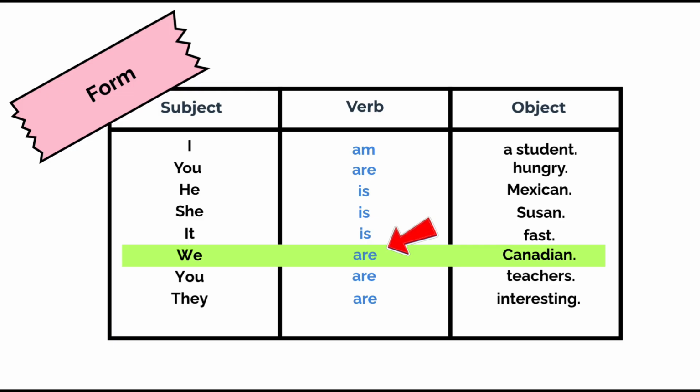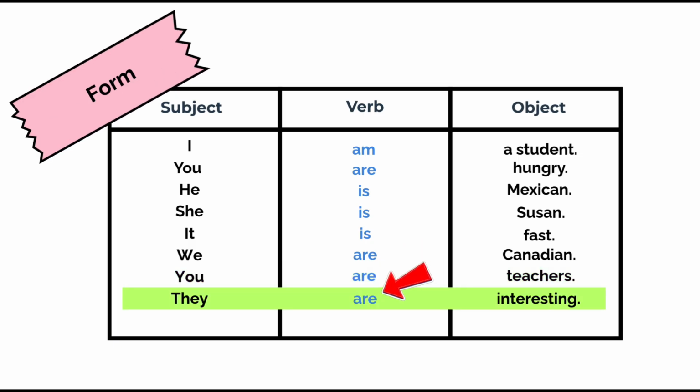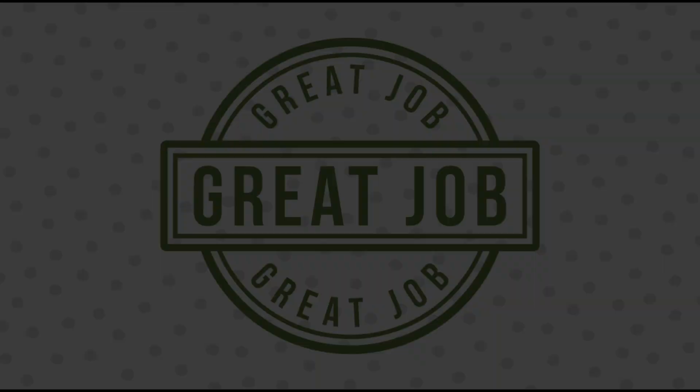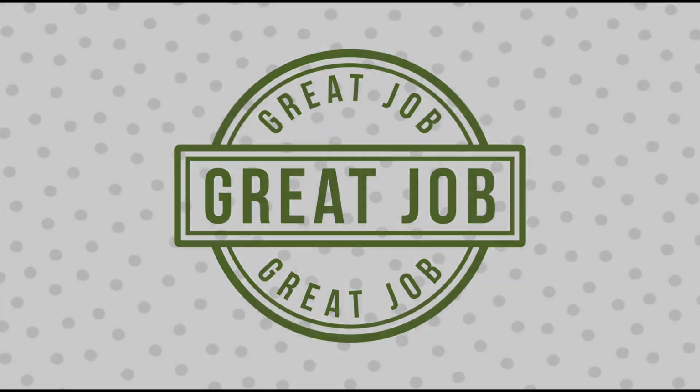We are Canadian. You are teachers. They are interesting. Great! Stay with me. This verb is the key that unlocks all of English.